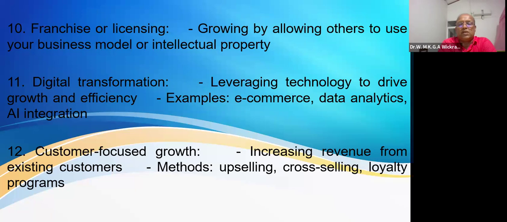Digital transformation: leverage technology to drive growth and efficiency. I explained the IT side, e-commerce, data analytics, AI integration. Now the latest word is artificial intelligence. Everywhere they are talking about artificial intelligence. It helps you also to write a report, whatever you want.